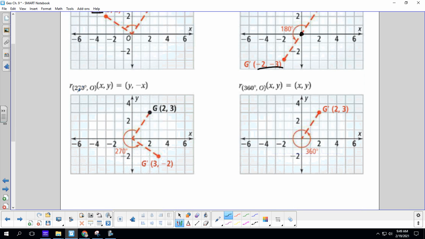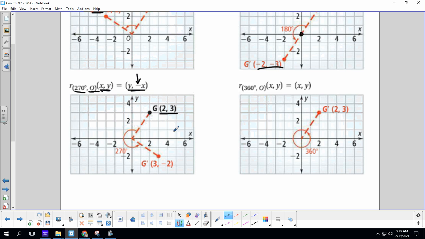If I'm rotating 270 degrees, so it's like 3/4 of the way around the circle, around the origin, I'm going to take my x, y coordinates and switch them and change the sign of the second number.